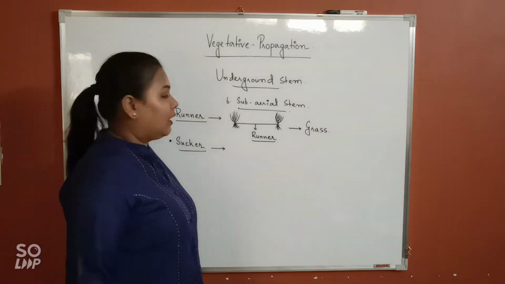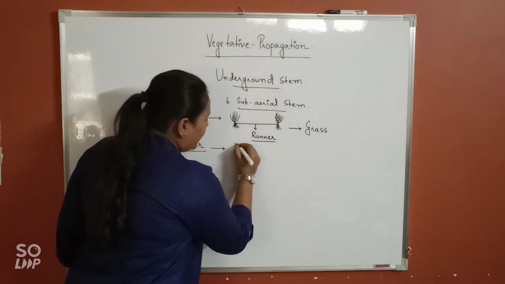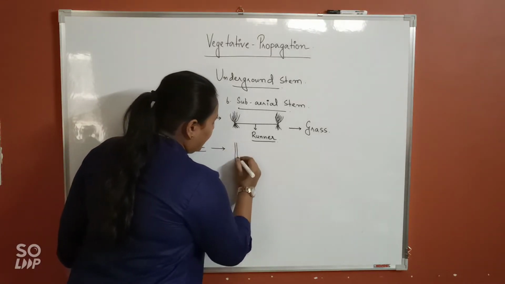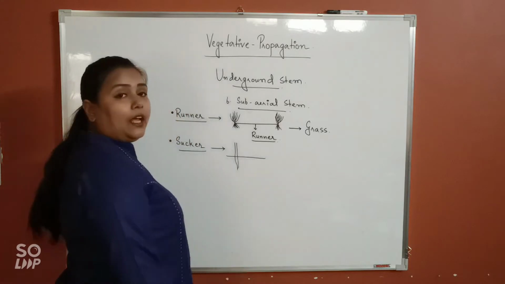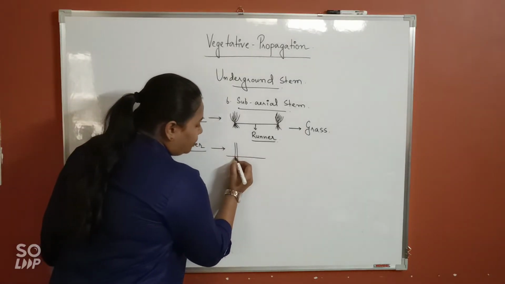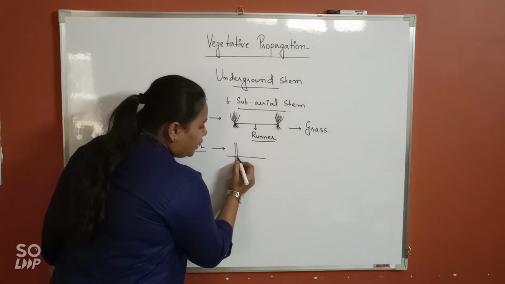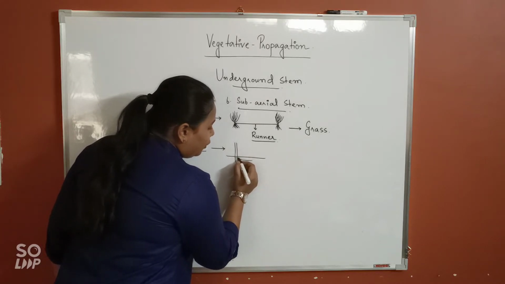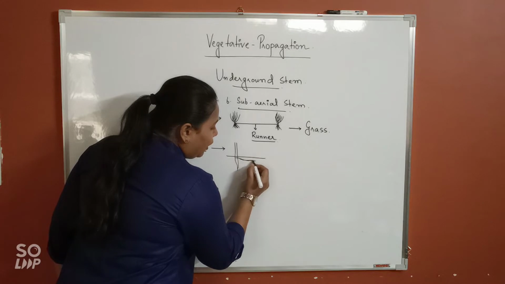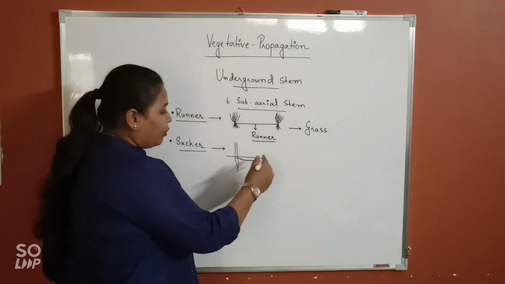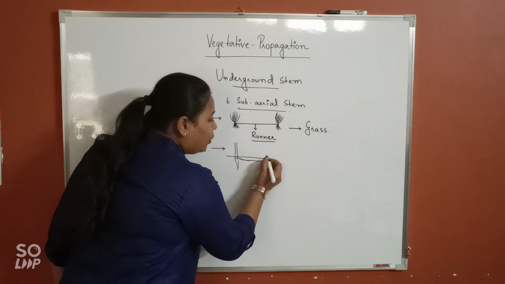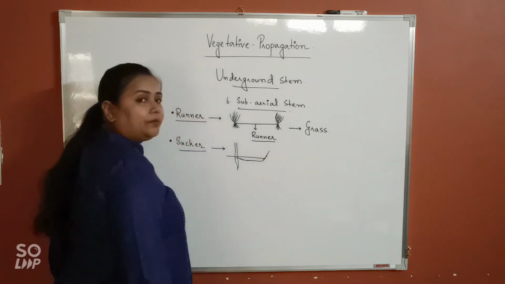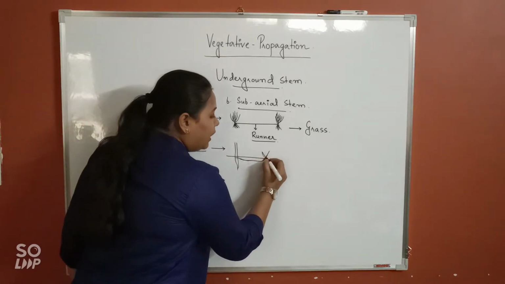Sucker. Sucker is a structure that arises from one of the underground stem branch. Okay, this particular branch, it will be creeping horizontally in the ground for a while, and then it will go obliquely upwards, giving rise to a new plant.